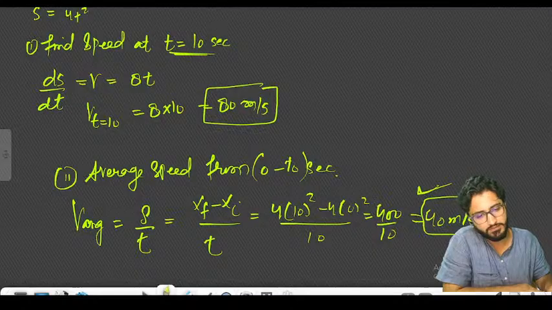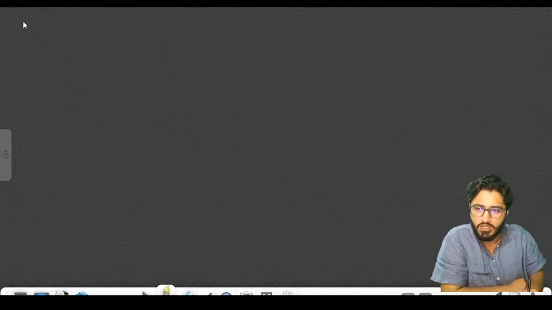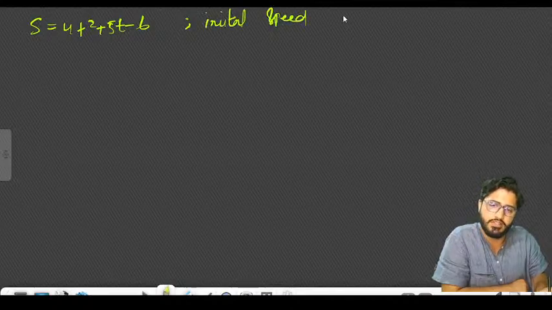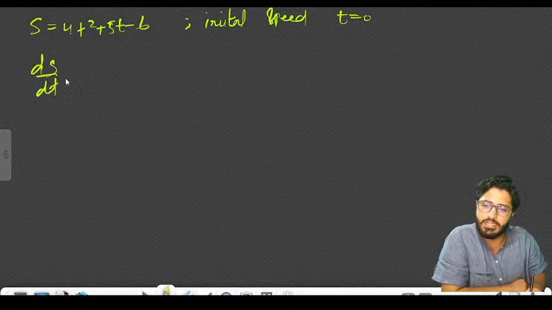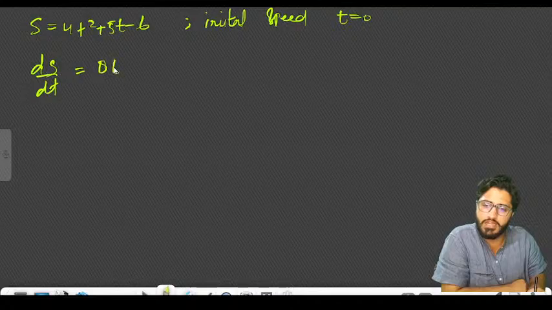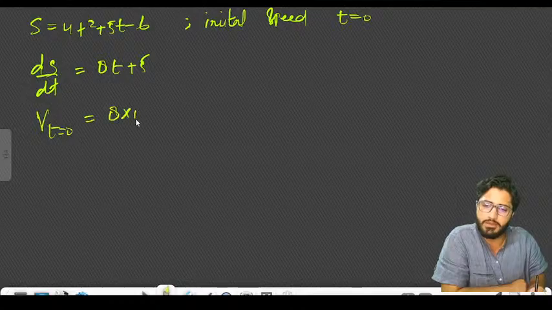One more numerical. One more equation. If it is given as 4t square plus 5t minus 6, find initial speed. Initial speed means when t equals 0. So I can write ds by dt, it is 8t plus 5. So v at t equals 0 is 8 multiplied by 0 plus 5.